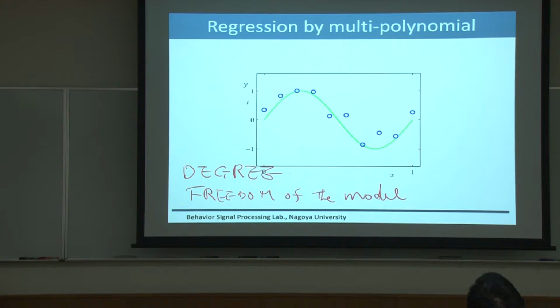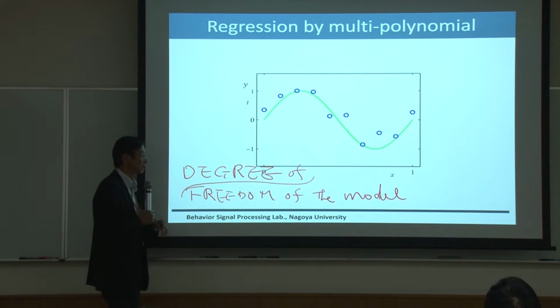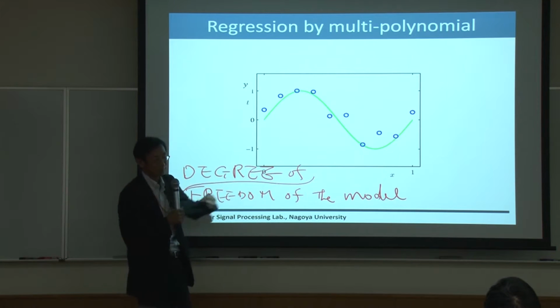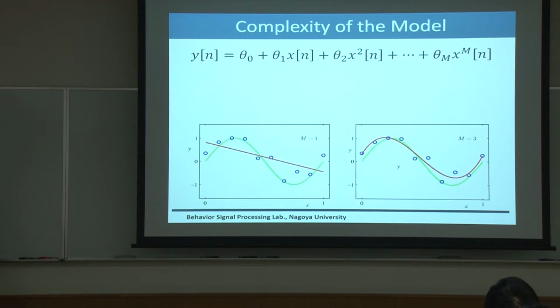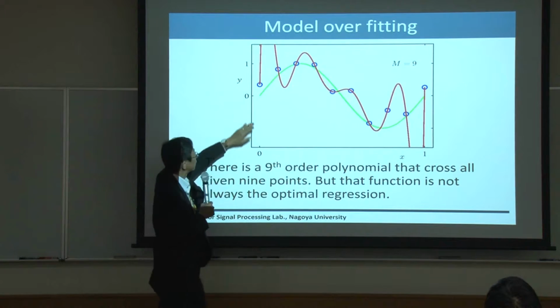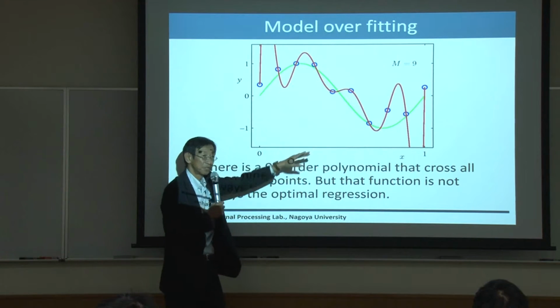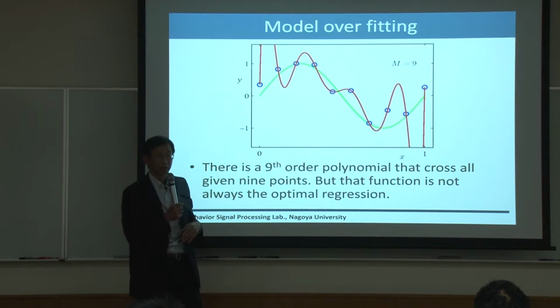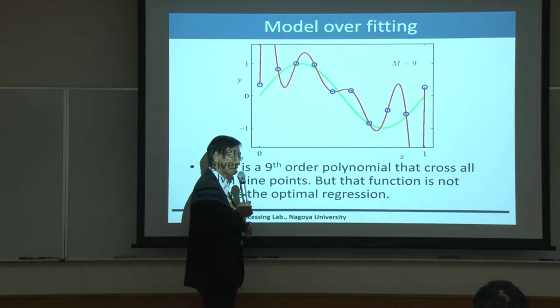If the model has more parameters, then we can build very funny shapes like we saw here. But of course, this is overfitting to the particular data samples. This regression system doesn't work for different observations, even when the same system or phenomenon is observed.